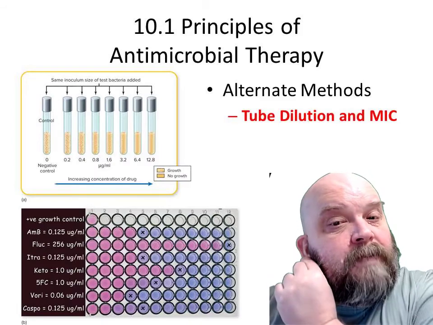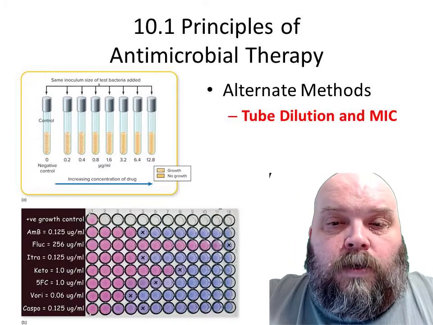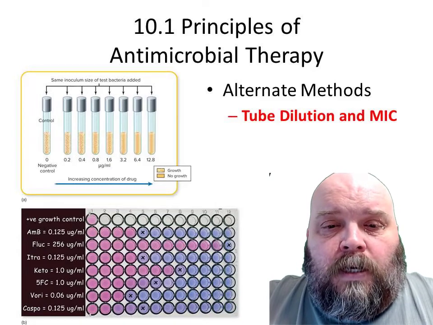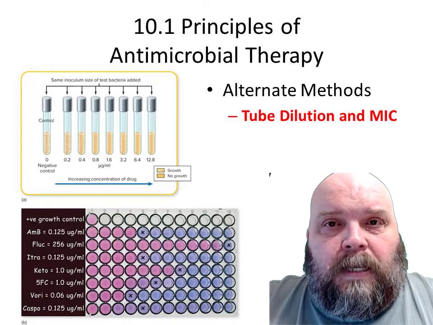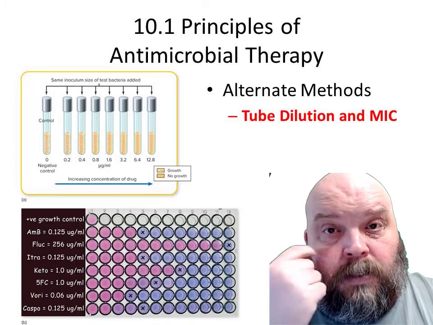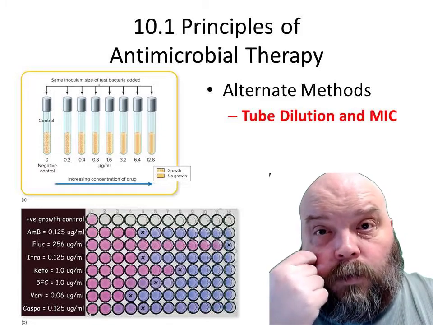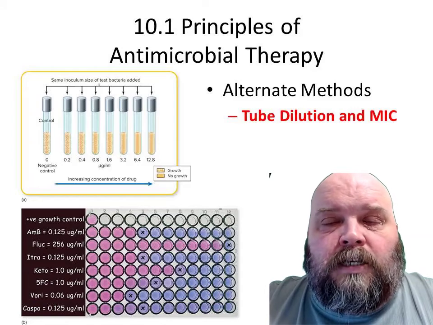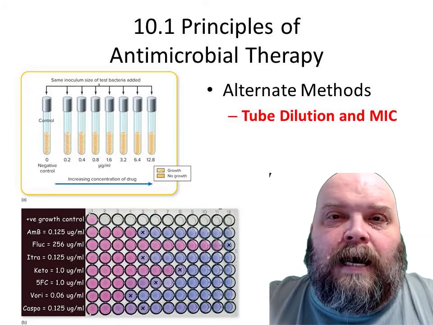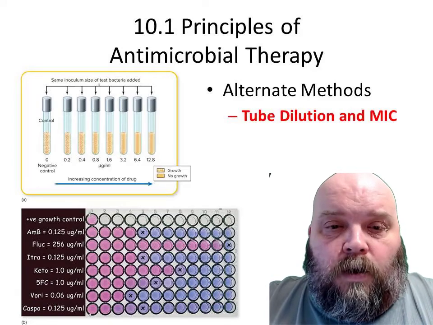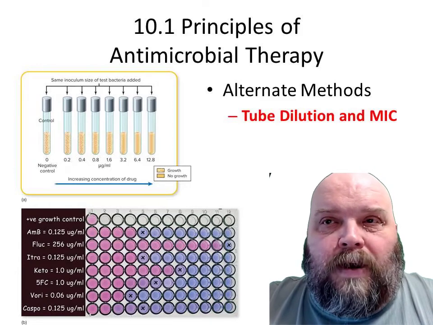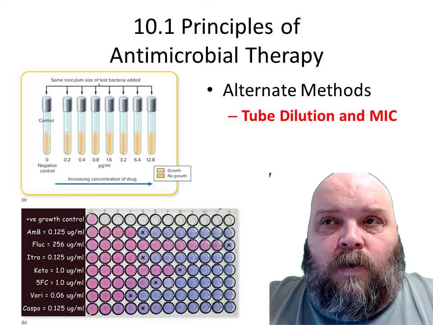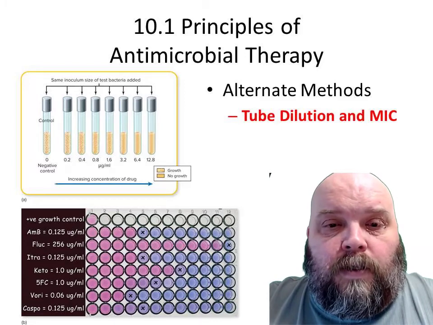So what we have nowadays is we utilize test tubes or 96 well plates. The test tubes, we can tell growth, no growth by whether or not it gets cloudy, and we can put in a specific concentration of antibiotic so that we know that so many milligrams per ml of this antibiotic will inhibit or not bacterial growth.